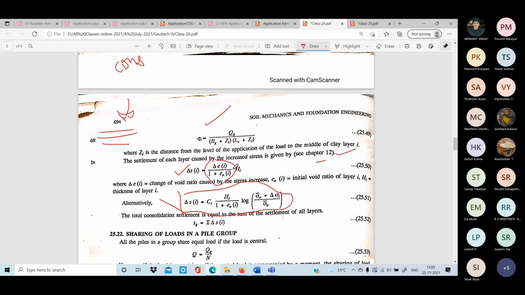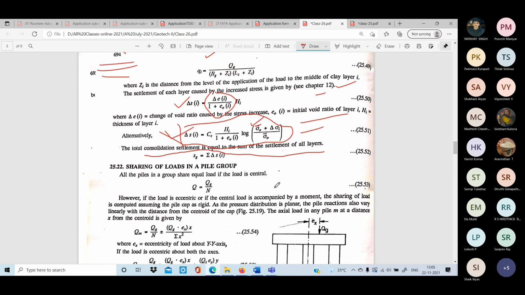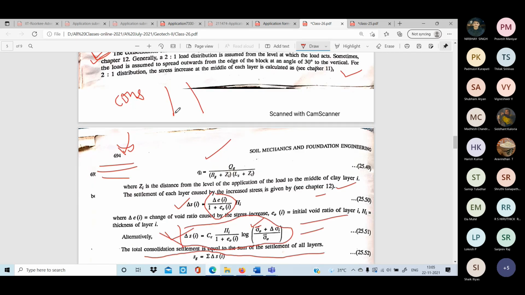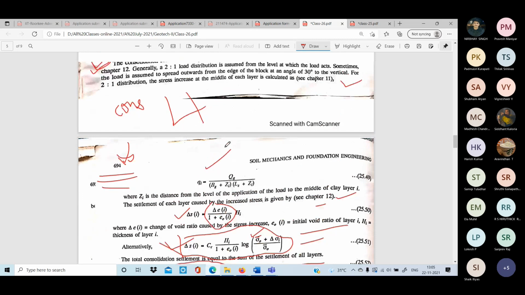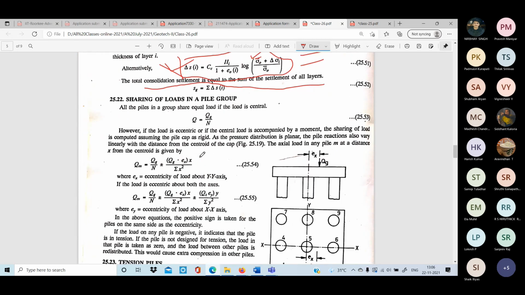Okay, so delta S by H equals this, and finally we can use this equation once we know the initial void ratio, the increase in stress, and the stress at the bottom of the particular layer, and the total consolidation settlement can be found. So we use this consolidation theory, remember, to find out the settlement for a group of piles once we know all the data, but at what depth we need it. By knowing this one we can find out the general settlements.